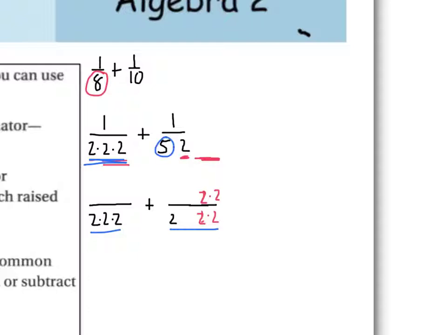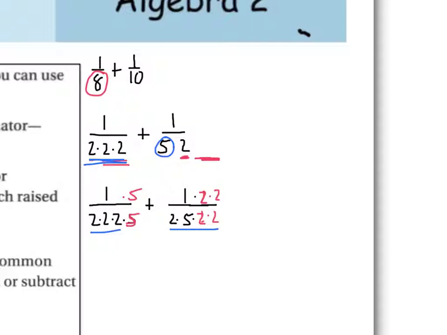So the second fraction already has the 5, but the first fraction doesn't. So I've got to multiply top and bottom here by 5. And again, I am multiplying by 1 essentially, because 5 divided by 5 is 1. So on the top here I have the 1 times 5. On the second fraction I have 1 times 4.